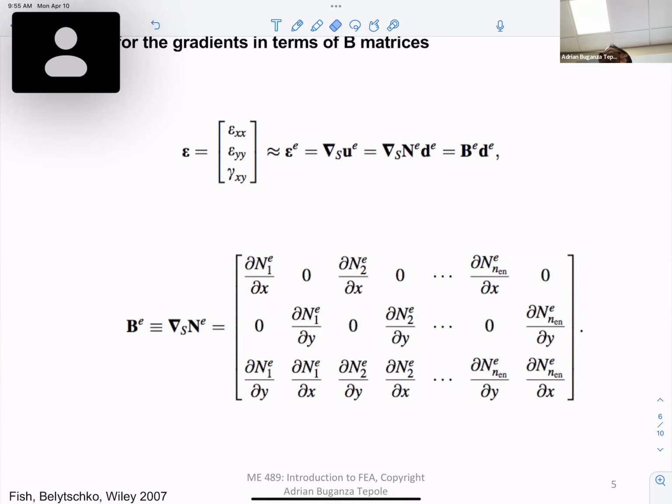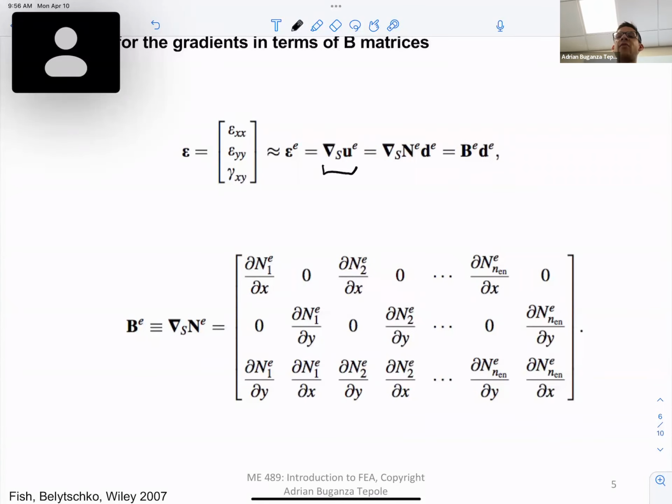This is because of the definition of the strain. The strain has three components: the XX component, the YY component, and the XY shear strain component. So this gradient is a little different from the gradient that we were using for the heat transfer problem.